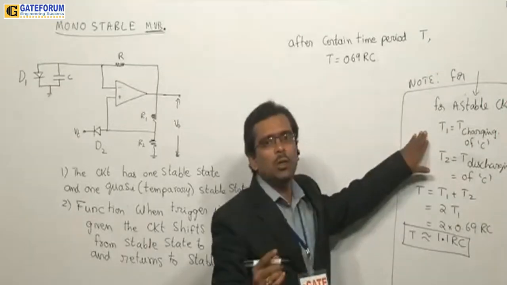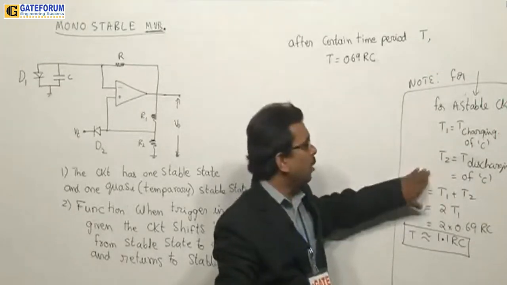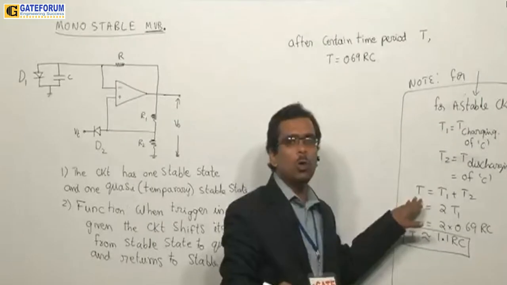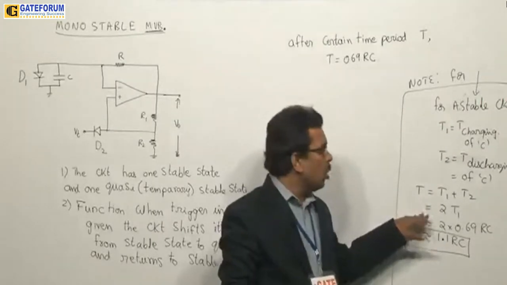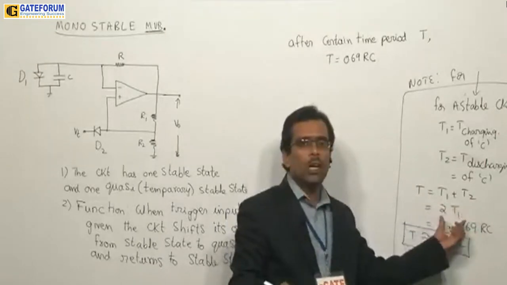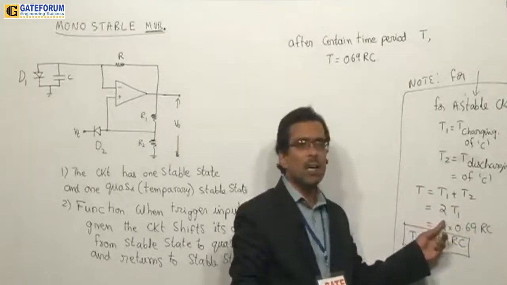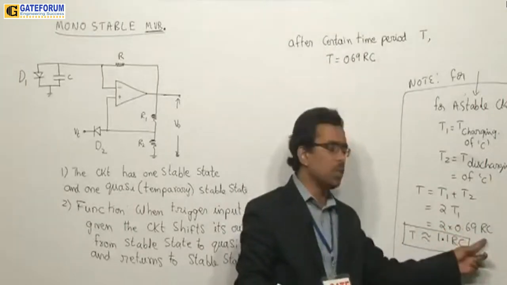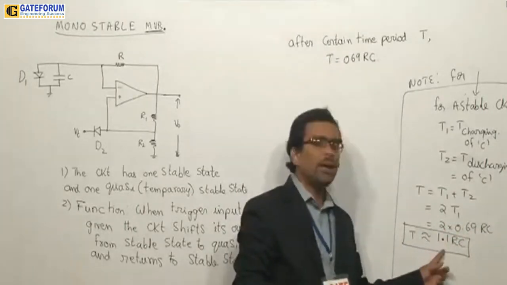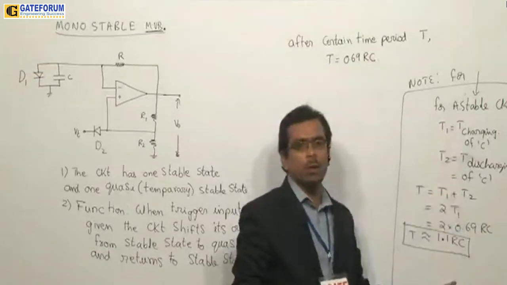Okay, charging time is equal to discharging time. Then total time period of one cycle will be equal to T1 plus T2. As both times are equal, you get here this as 2 into T1. So yesterday's answer 0.69 RC, you will get here 1.1 RC. This is for astable.